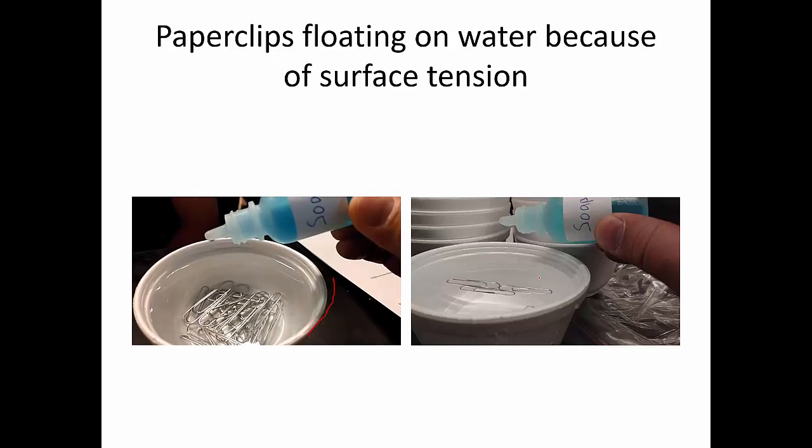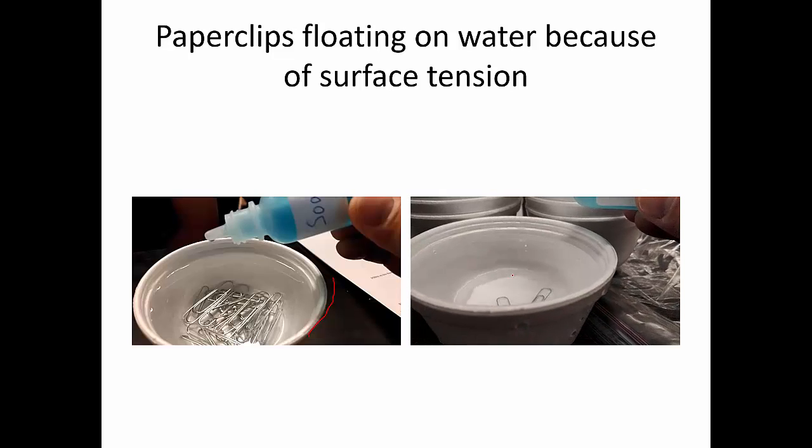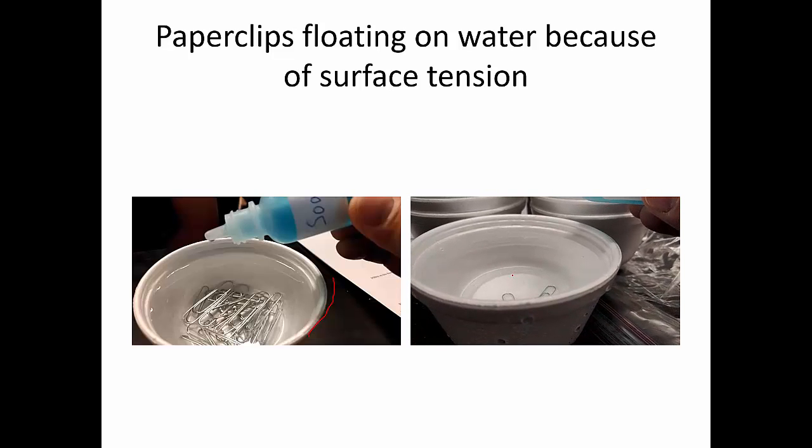Again, we've got some paper clips floating on the surface. When we put the soap in, the water wants to keep the attraction, so they're sliding over until that surface acting agent, the soap, takes over and breaks the surface tension in that second one. So in both cases, that's water and surface tension.